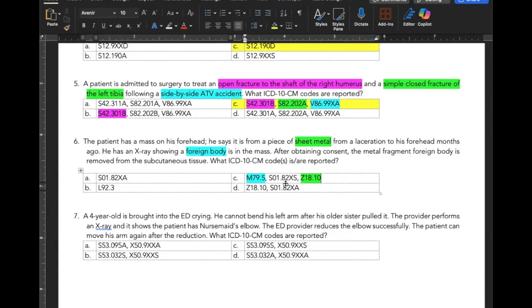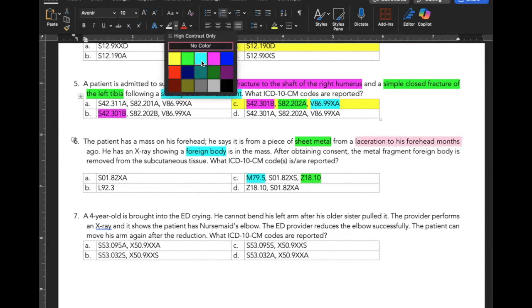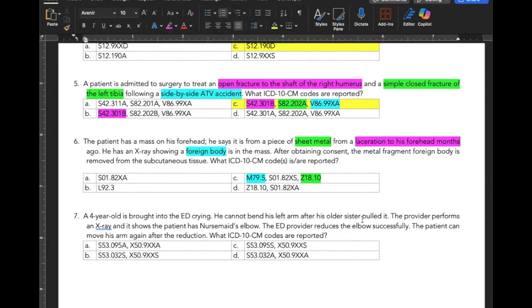So your definition of a sequela is something that is the result after a condition has healed, right? So the condition that has healed was that laceration to the forehead months ago. And then it's healed and it's retaining that piece of sheet metal. So that's our sequela. Does that make sense?